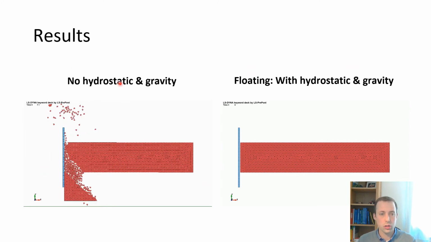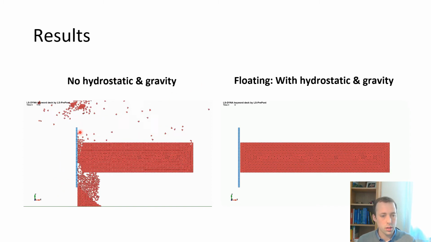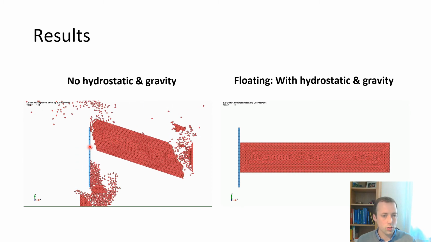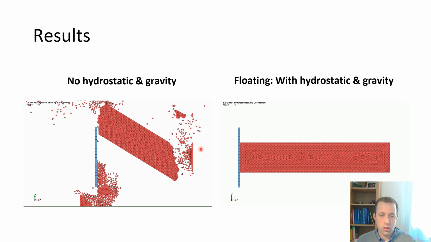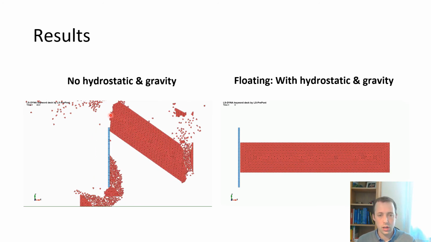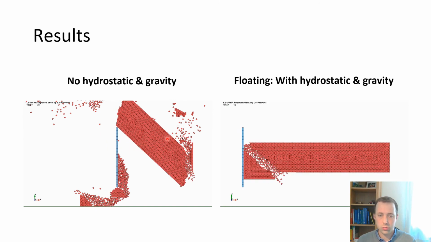First, for the simulation without hydrostatic and gravity, you see the fragments just flew out of the contact interface, and at the end, because of the absence of restoring forces, a large fragment will detach and be pushed out and leave the interface or the interaction domain.